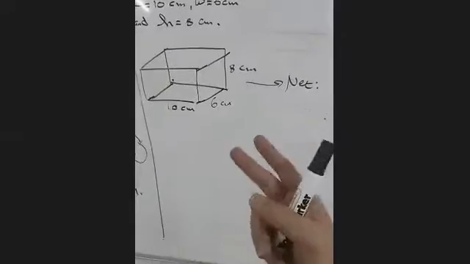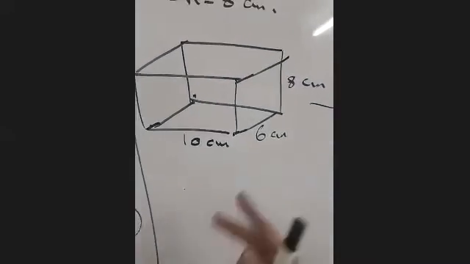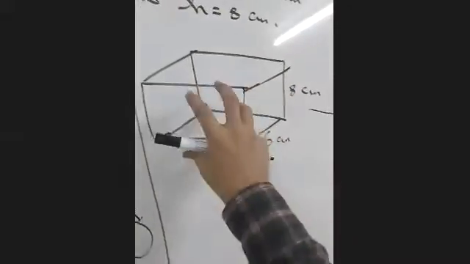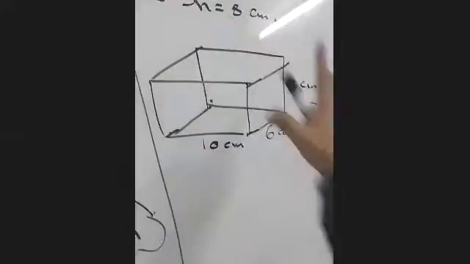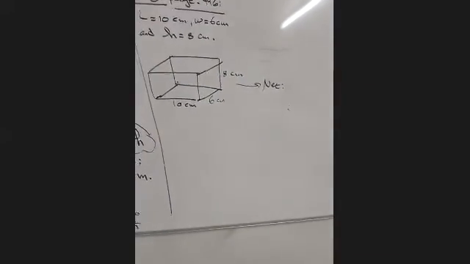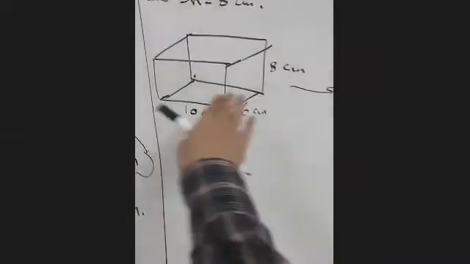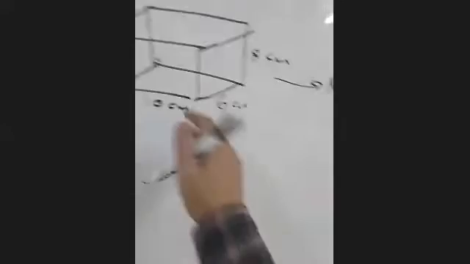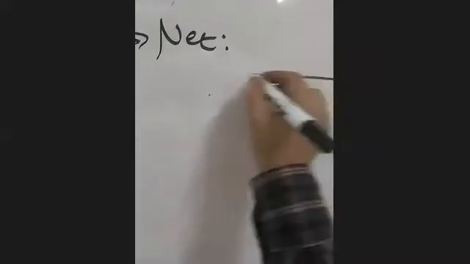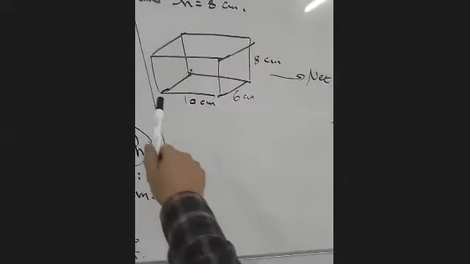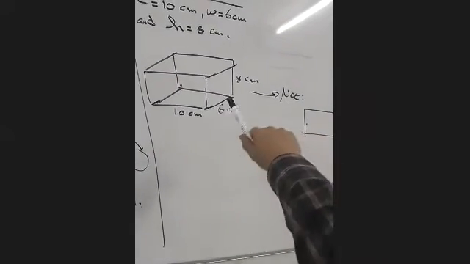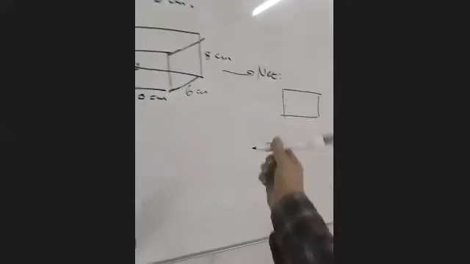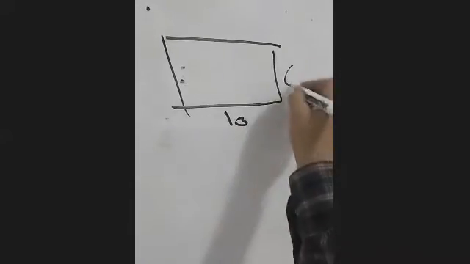The net is like you get scissors and cut all of the lines and take each rectangle alone. I will start with the floor. The floor has length 10 and width 6.